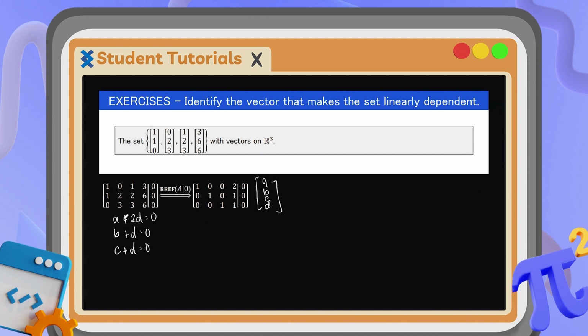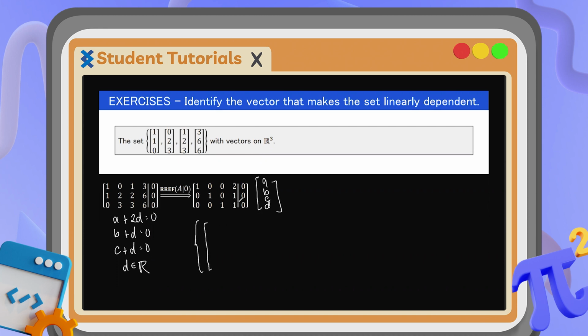Notice again, like in the previous items, that a, b, and c depend on the value of d. In this case, d can be any real number.